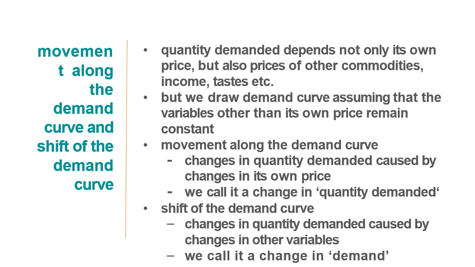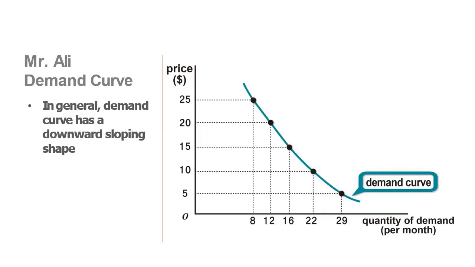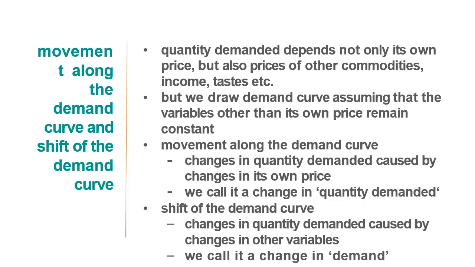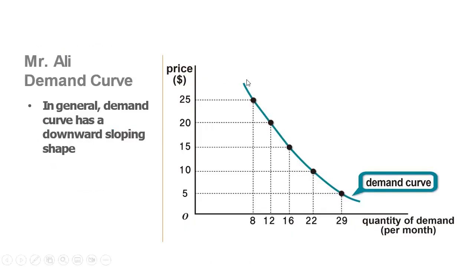But we draw the demand curve assuming that variables other than its own price remain constant. Movement along the demand curve is a change in quantity demanded caused by a change in its own price.